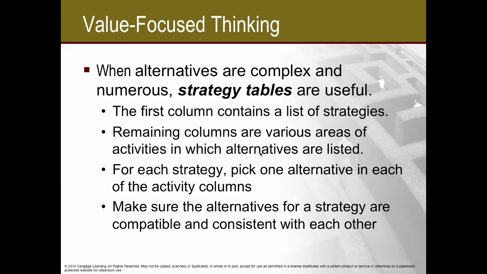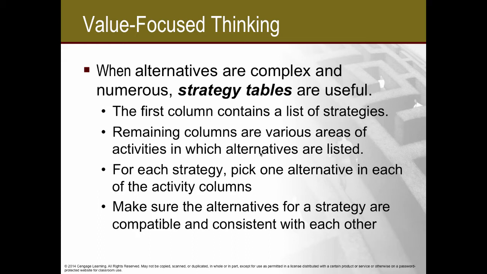When alternatives are complex and numerous, strategy tables are useful. So basically we also have to have a strategy table, right? The first column contains a list of strategies. The remaining columns are various areas of activities in which alternatives are listed.